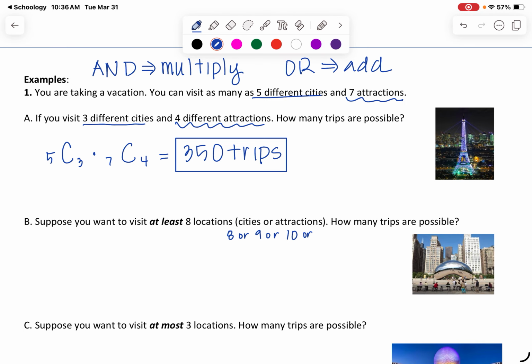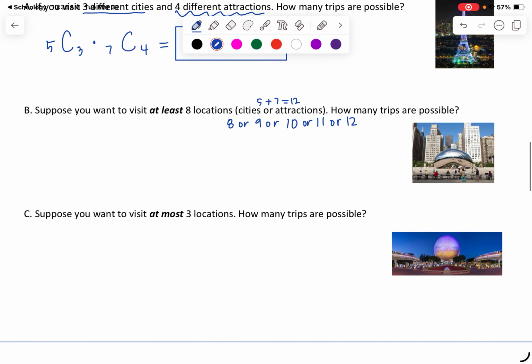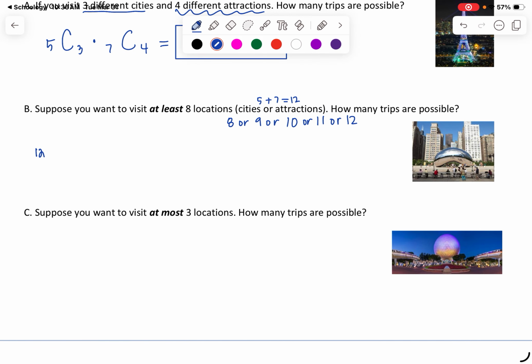I swear I know how to add. 5 plus 7 is 12. So I can do 10 or 11 or 12. So since it's "or," right, because I can't see 9 and 10, I'm going to be using addition. So also combinations because the order does not matter. So I have 12 attractions and I can choose to just go to 8.